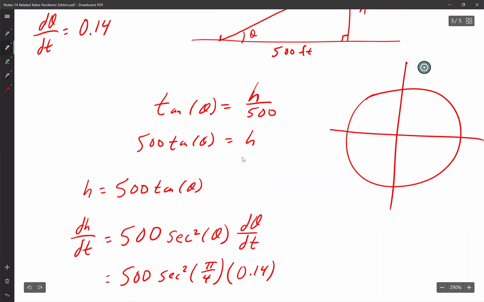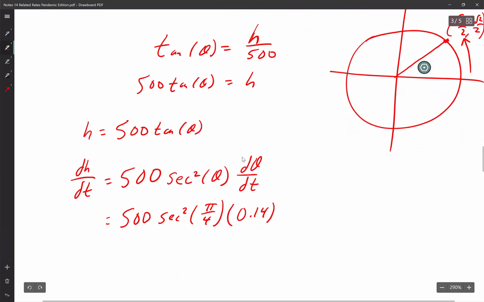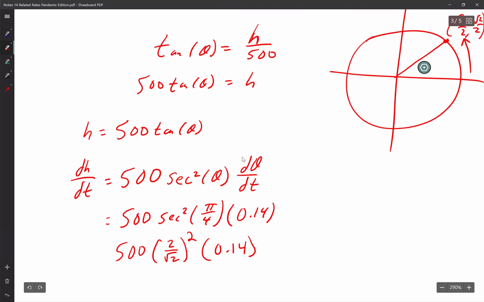So pi over 4 is right here, and look, they're even being nice by giving you pi over 4. Both coordinates are square root of 2 over 2. So secant's a reciprocal of cosine, so we're really looking at that one, but it doesn't matter. Both are the same magnitude. So the reciprocal of square root of 2 over 2 is 2 over square root of 2. I'm going to square that, and I'm going to multiply by 0.14.